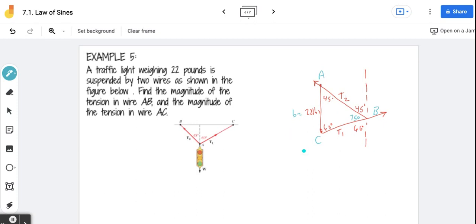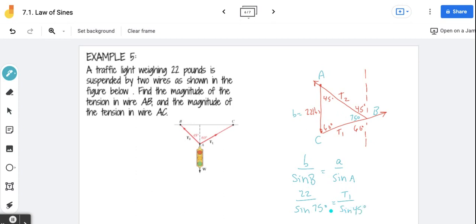Okay, so we've got B over the sine of angle B equals, so T1 would be little a over the sine of angle A. All right, so B is 22 pounds. Sine of angle B is 75 degrees. Little a is T1, and sine of angle A is 45 degrees.